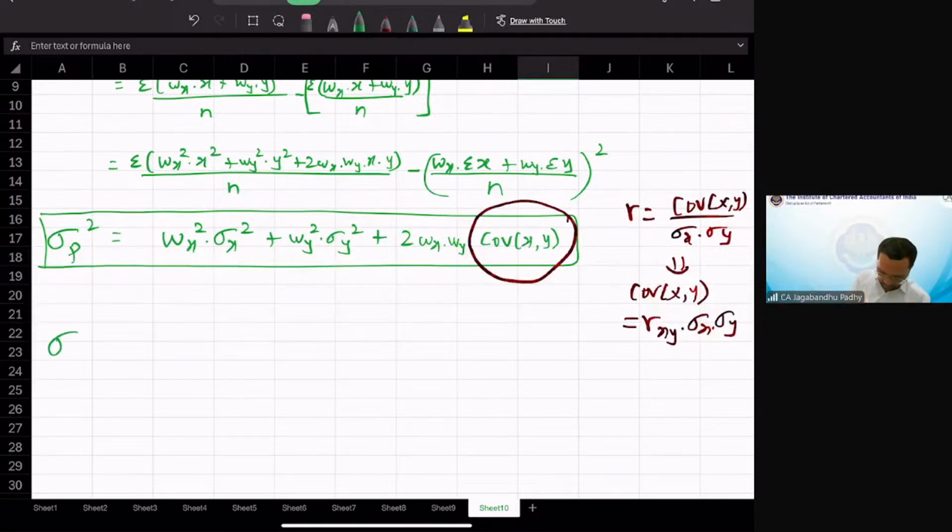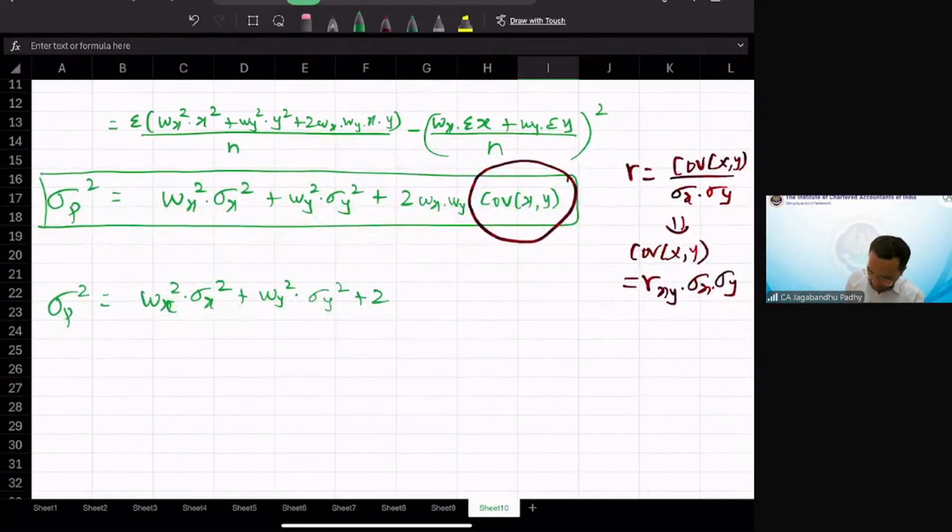So we can say variance of portfolio is weight of x square into standard deviation of x square plus weight of y square into standard deviation of y square plus 2 into weight of x, weight of y, standard deviation of x, standard deviation of y, and then correlation between x and y.